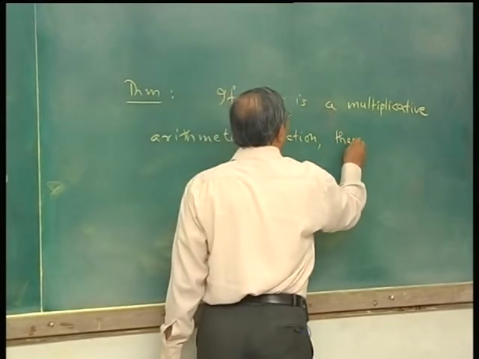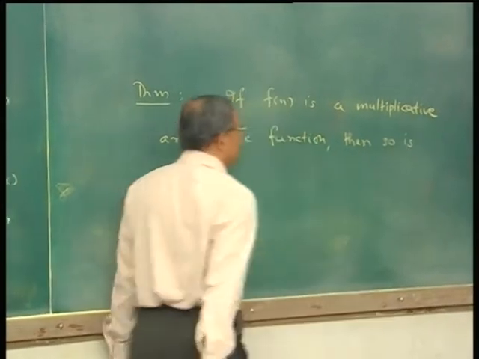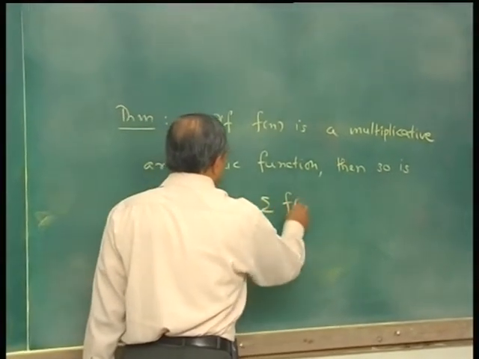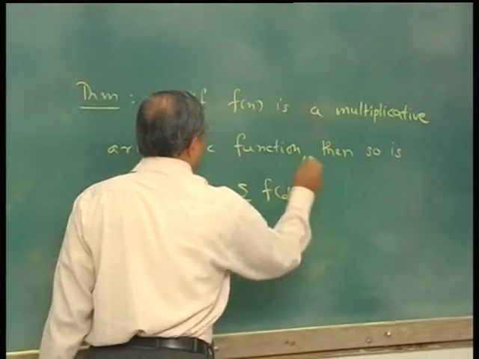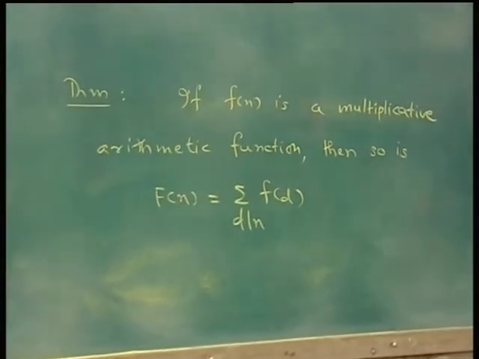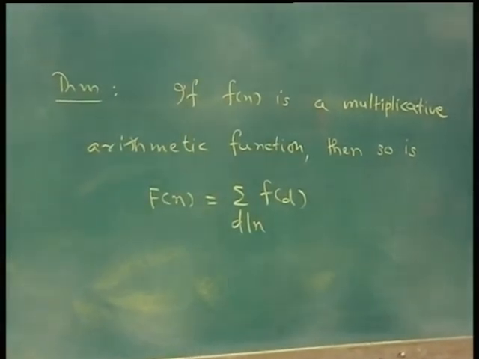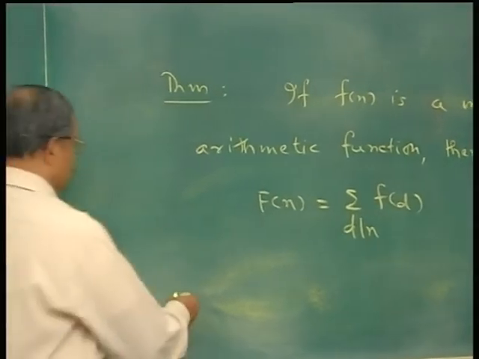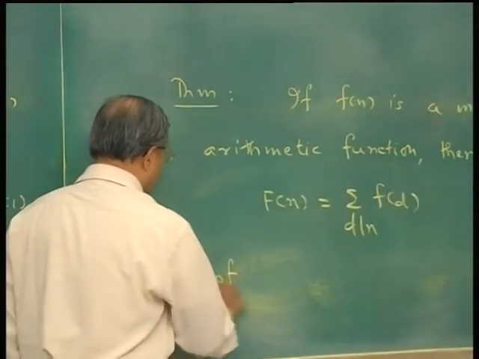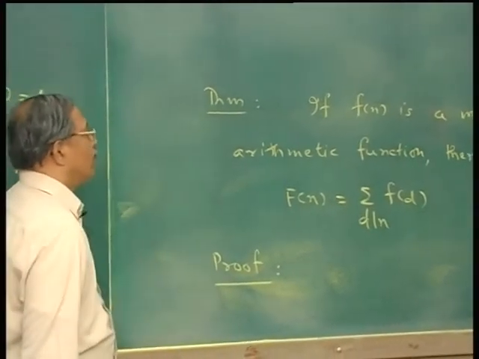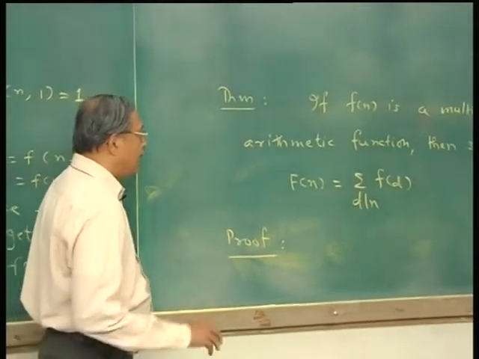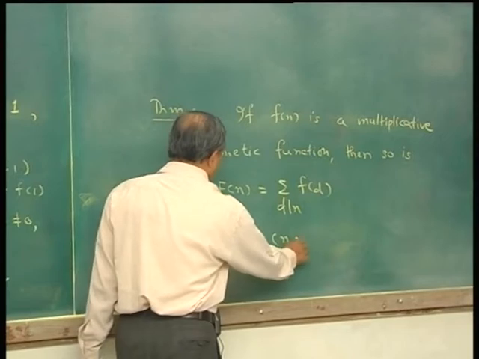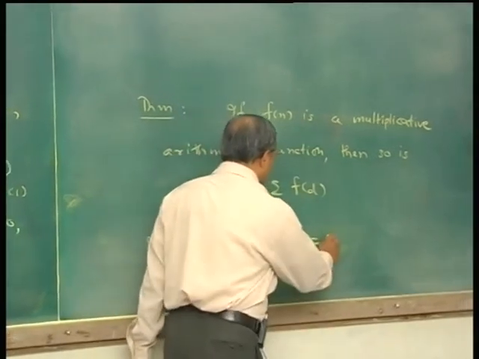This is a very useful property. The proof also is simple. So we consider m and n as coprime integers, gcd(m, n) equal to 1.